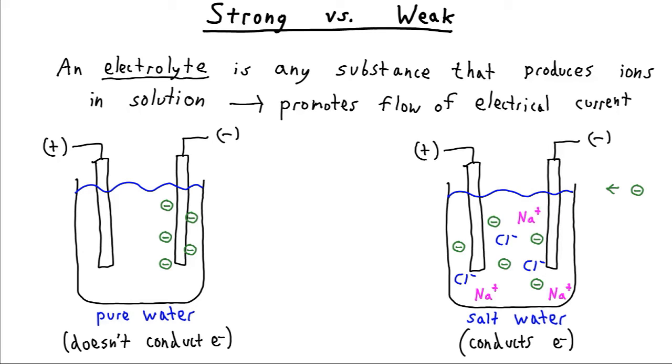And the chlorines could also flow in an opposite direction to offset that increase in charge. And so we have ions in the solution, and that allows the whole solution to have a movement of charge back and forth while remaining neutral. And so then we're not going to have that buildup of negative charge problem that we do with pure water.